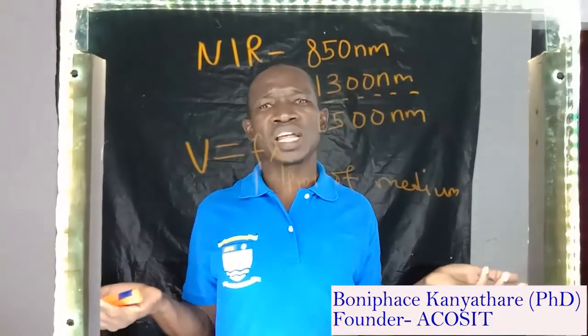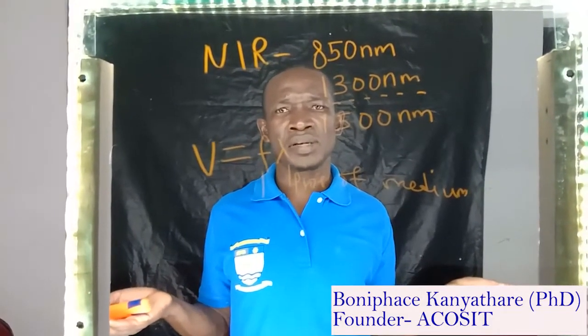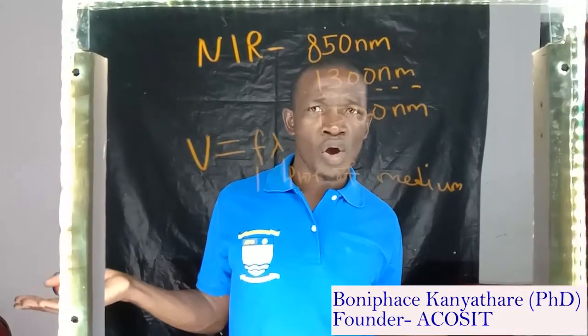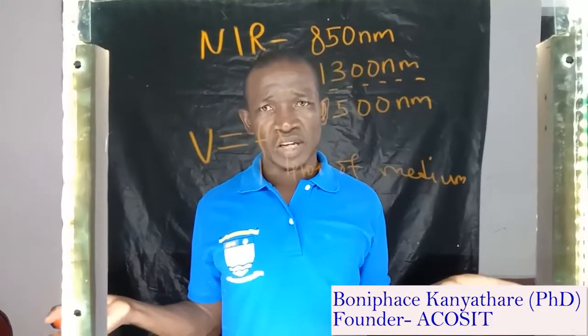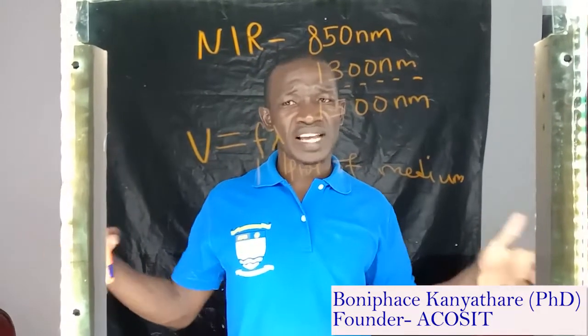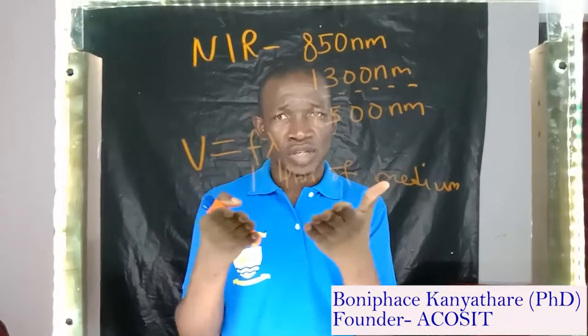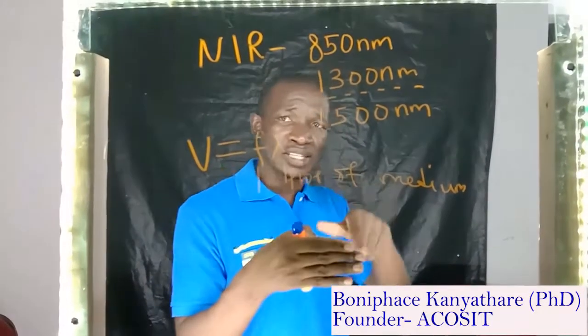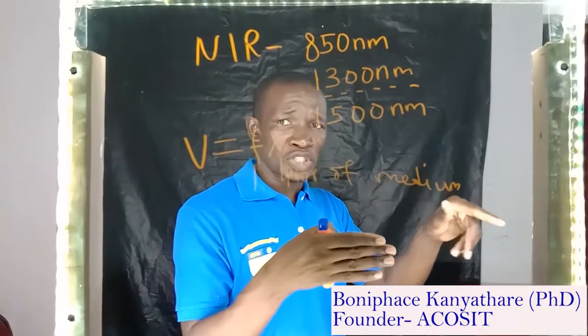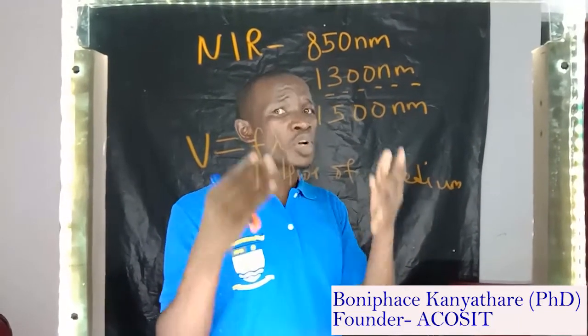If we chose another wavelength, for example 2500 or 1600, those wavelengths are highly affected by glass. It means that if they are used for fiber optics transmission inside the glass, they are going to be highly affected.